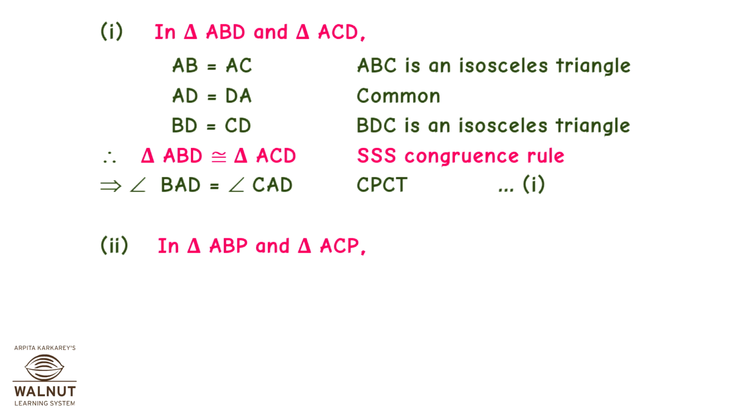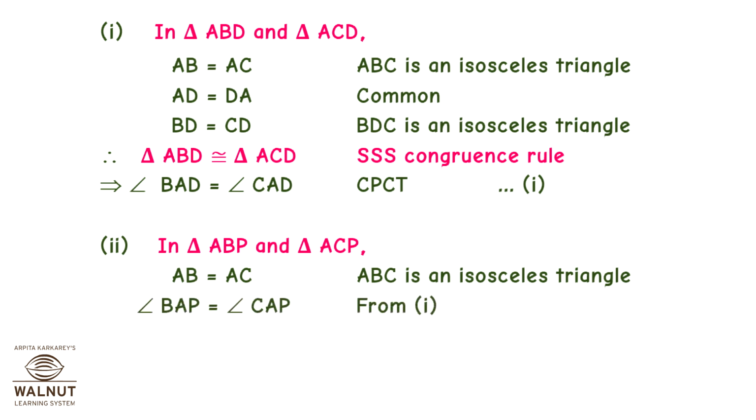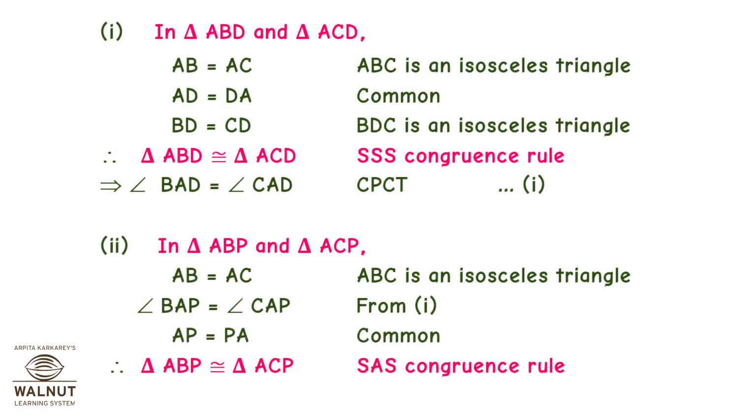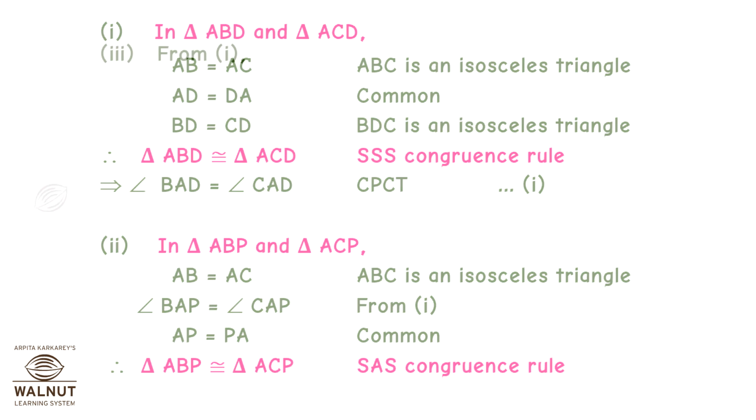In triangle ABP and triangle ACP, AB is equal to AC as ABC is an isosceles triangle. Angle BAP is equal to angle CAP from 1. AP is equal to PA, common. Therefore, triangle ABP is congruent to triangle ACP by SAS congruence rule.